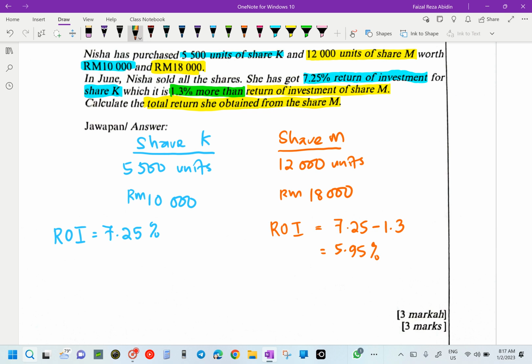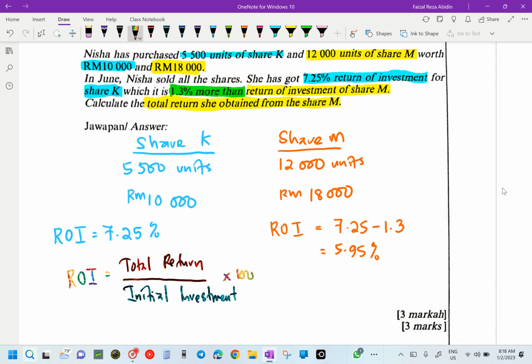If you are going to find ROI, we have total return over our initial investment, don't forget, times 100%, because ROI must be in percentage.